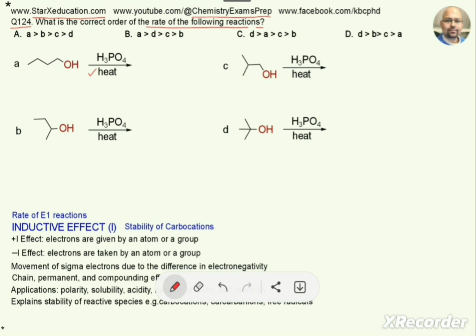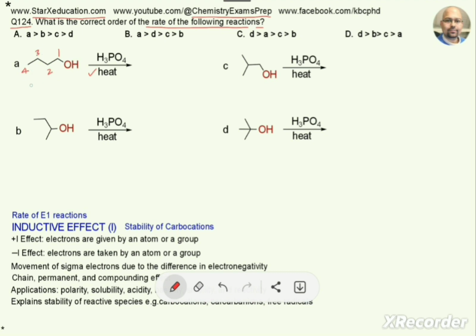So let's name the starting alcohols first, and then we will see their nature. To name alcohols according to IUPAC rules, you choose the longest carbon chain containing the OH functional group, alcohol functional group. So this is meth, eth, prop, bute.